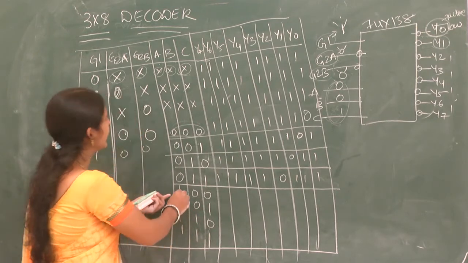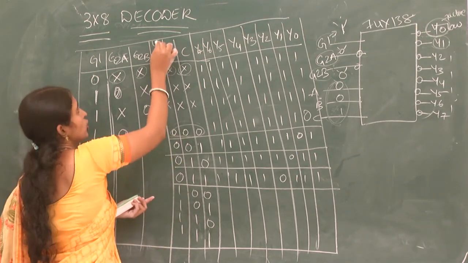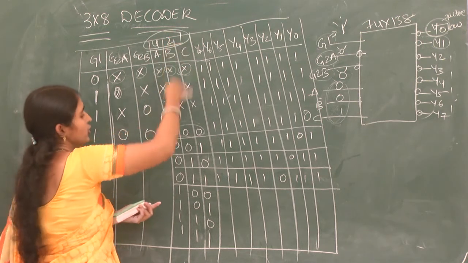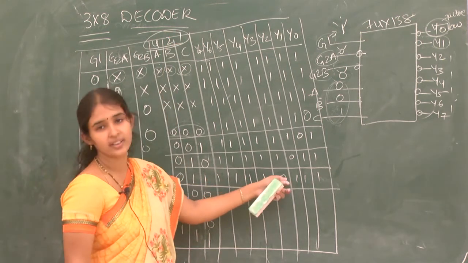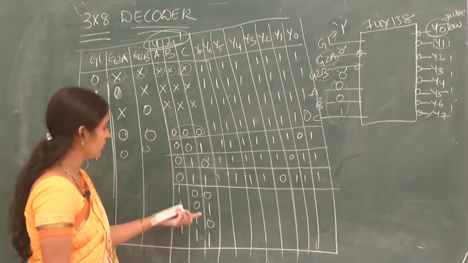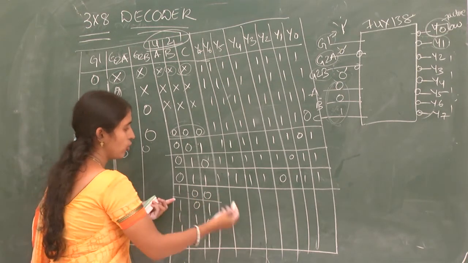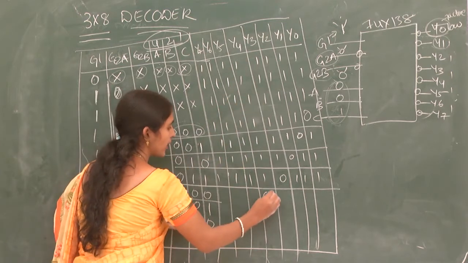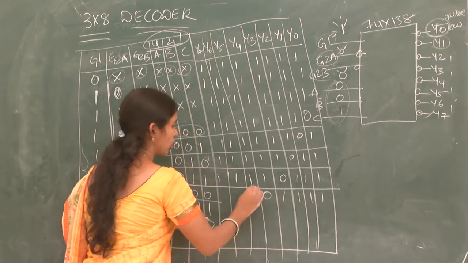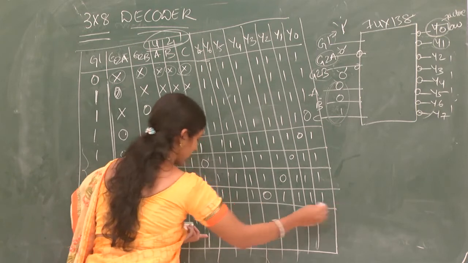See here, for the inputs starting with 1, you know how you get the 0: it is like 4 plus 0 plus 0, which is 4. So you get Y4 as active low and the remaining all 1s.